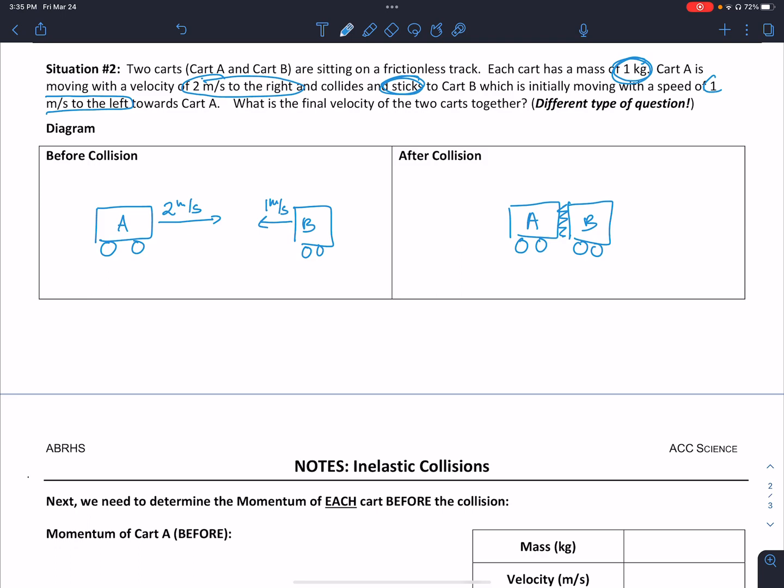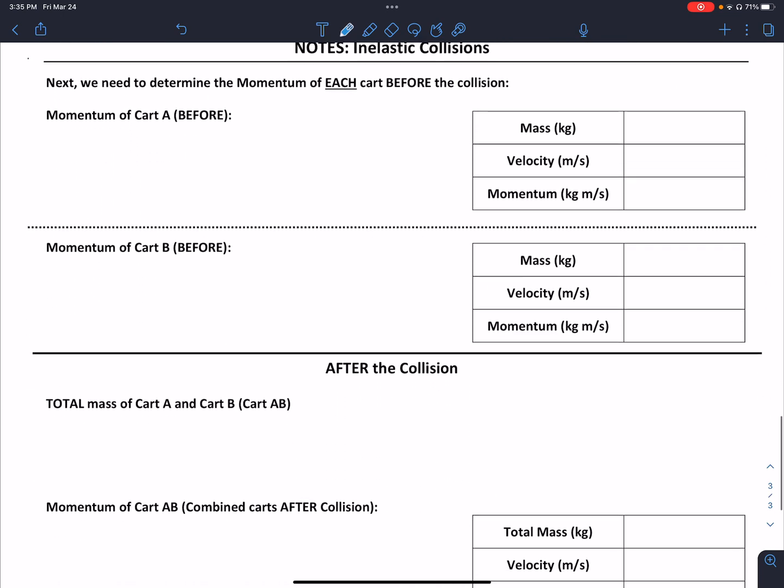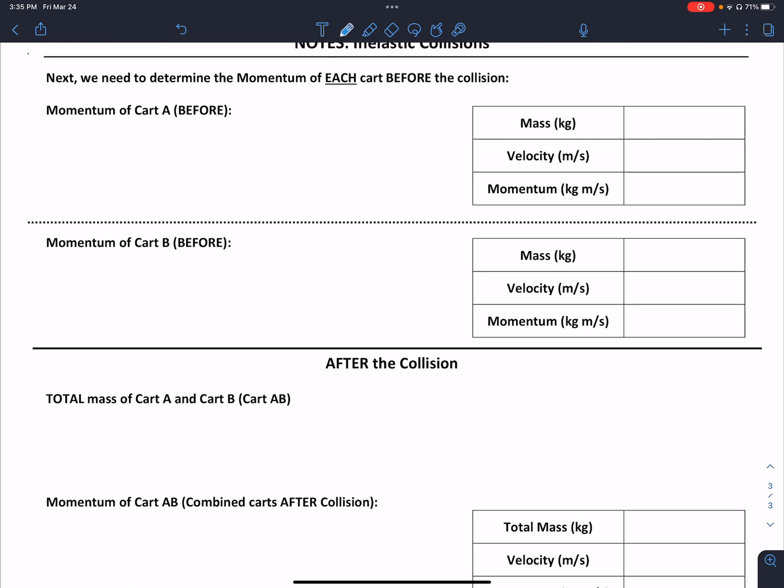Now we don't know which direction they're moving. They could be moving to the right, or they could be moving to the left. We're going to need to use math to figure that out, and then we'll come back to our diagram and fix the after. So let's start with our momentum values for before.